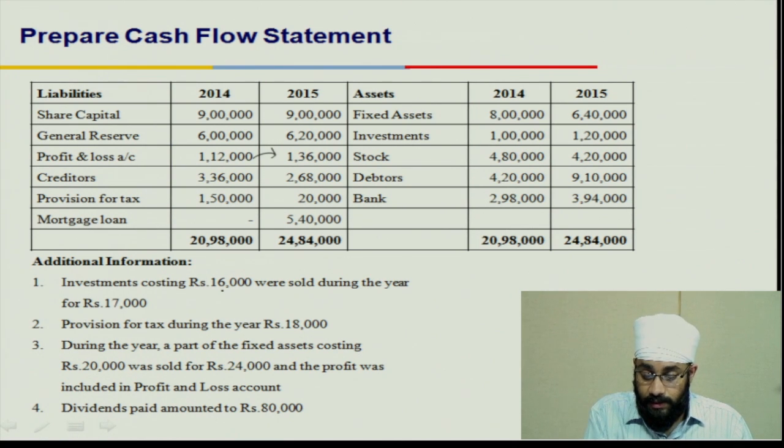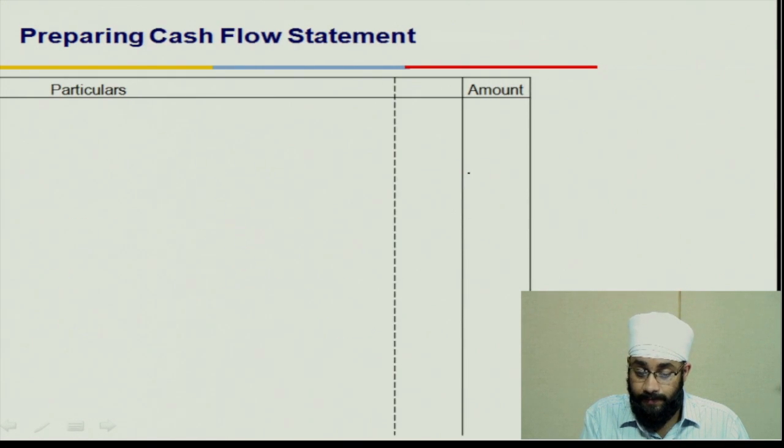Investment costing 16,000 were sold during the year for 17,000. So let us look at the balance sheet for investment balances. You have 1 lakh and 1 lakh 20,000. Let's prepare a working note and then see what is the missing figure.